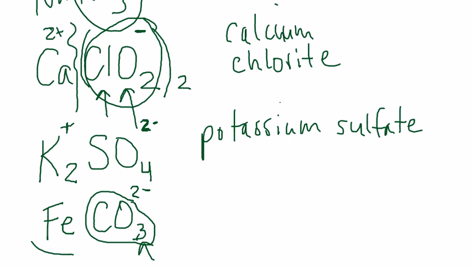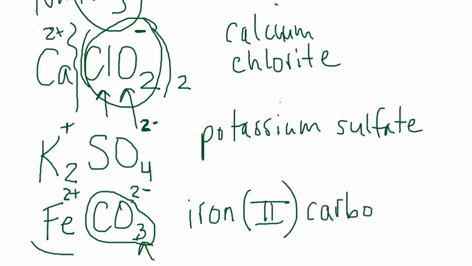I look at the charge on that group. That whole group has a charge of 2-, which means that the one iron must be 2 positive. So this is iron 2 carbonate.